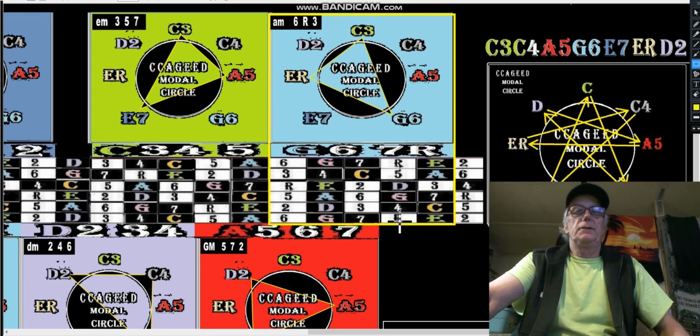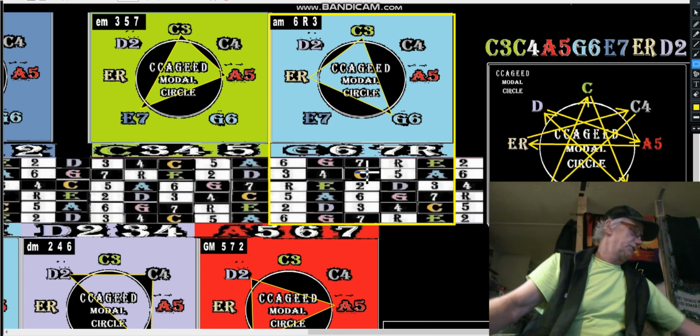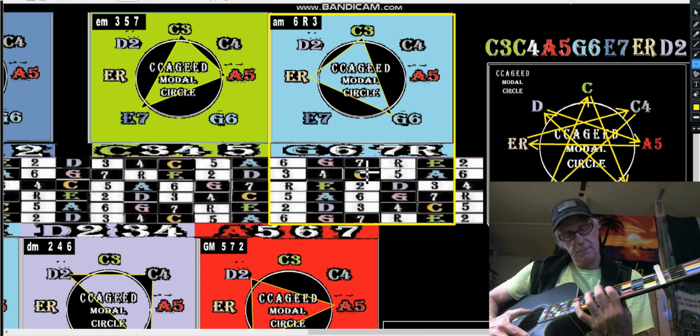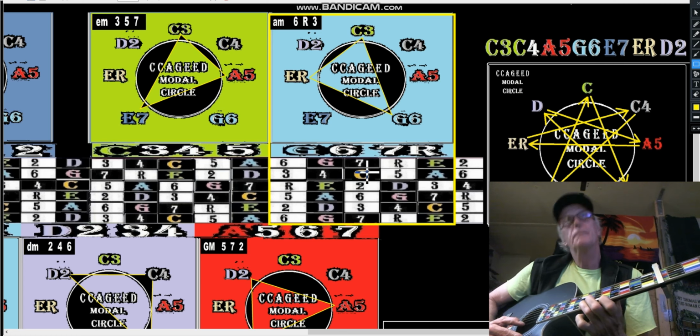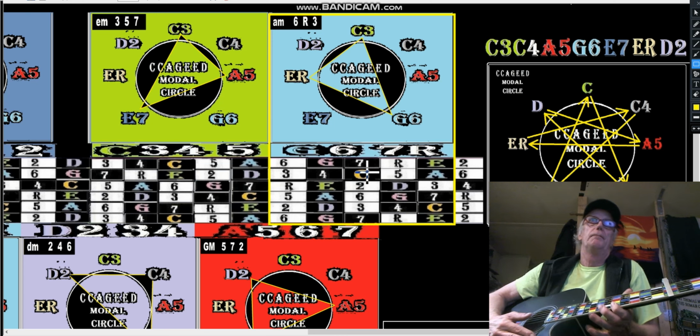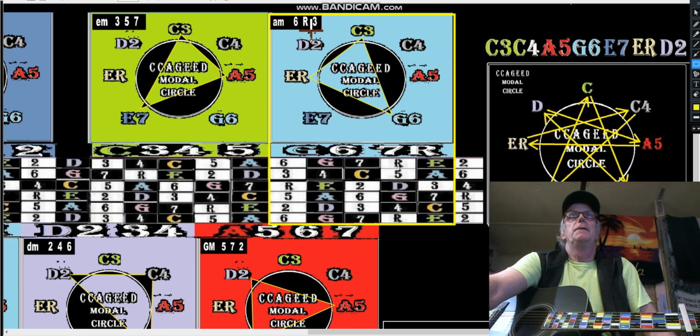So that's your Aeolian, and they always talk about the A minor pentatonic. In the key of C, the G shape would be the A minor pentatonic, where you start on the A and you go. But the A minor is 6 root 3.